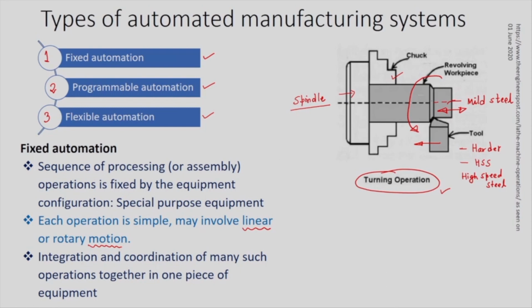Now, if you consider this operation, the first operation is the fitter or the machinist fixing the work part, or loading the work part in the chuck. So, setting the work part in the chuck, that is the first manual operation. Then setting the tool.